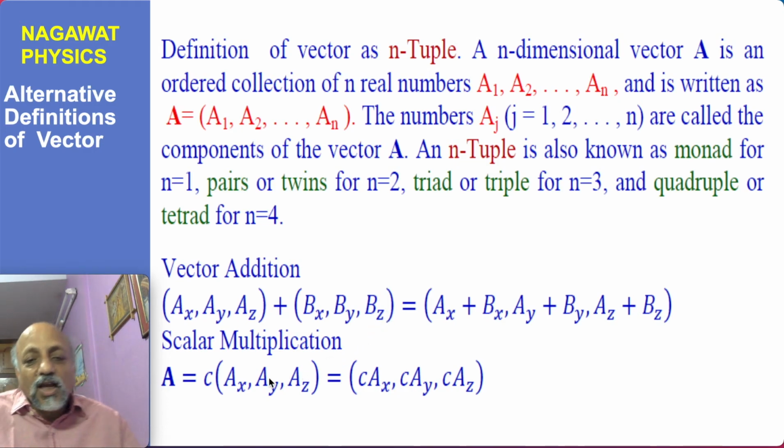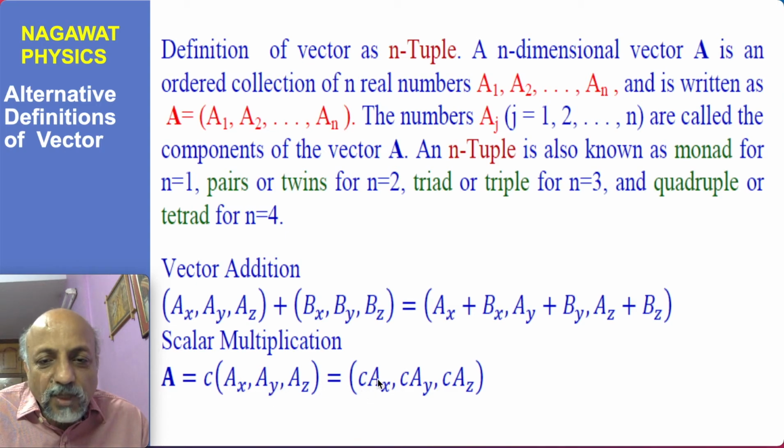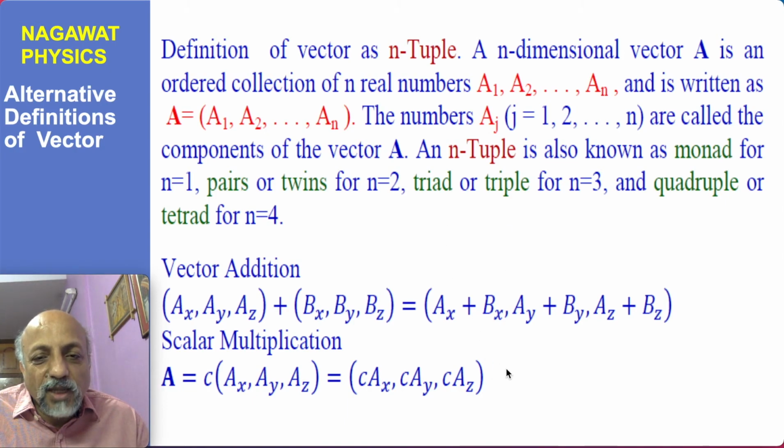When you do scalar multiplication, each component is multiplied by that scalar. So in this way also you can express the vector algebra. And as you know, instead of a position vector you can specify the position by the coordinates.